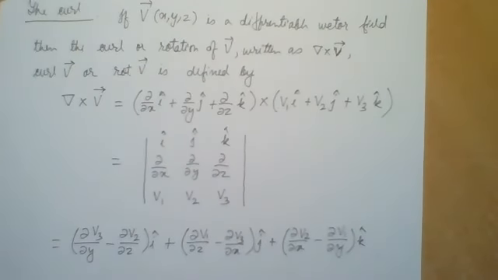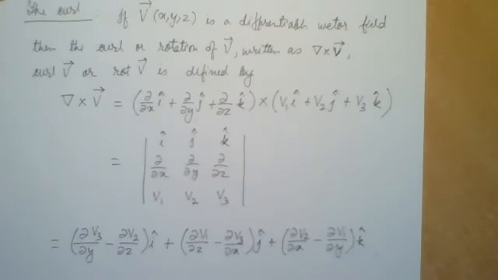Now we are going to express the gradient, divergence, and curl in orthogonal curvilinear coordinates. I repeat, we are going to express the gradient, the divergence, and the curl in orthogonal curvilinear coordinates.